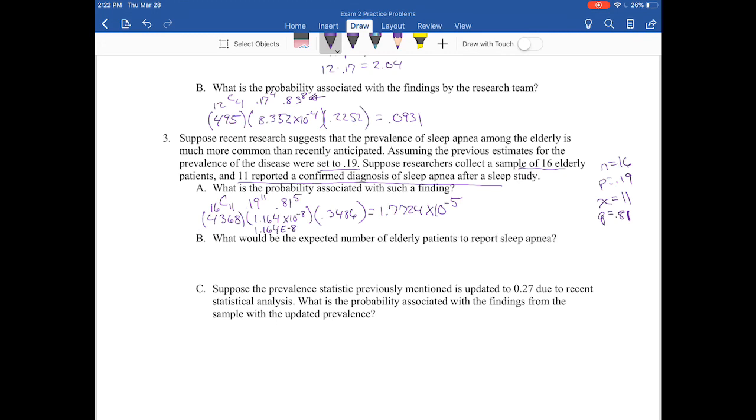Now, this is a big point here. Don't put 0.0000, because that's assuming that there's a 0% probability. There's a very small chance that you find 11 of these confirmed sleep apnea people in a sample size of 16, but there is a chance you can find it. So we don't want to just say it's 0.000 because that assumes 0.